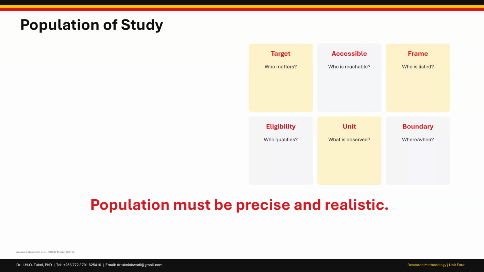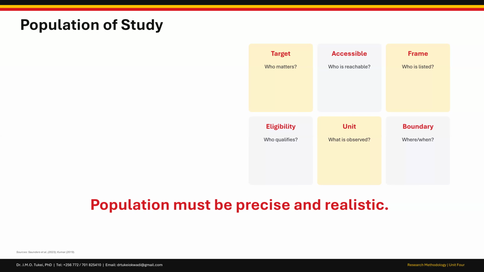So ladies and gentlemen, the population is the group to which the study applies. That's what I want you to understand. We must distinguish between the target population, the accessible population, and the sampling frame, because we want to understand and ask questions.